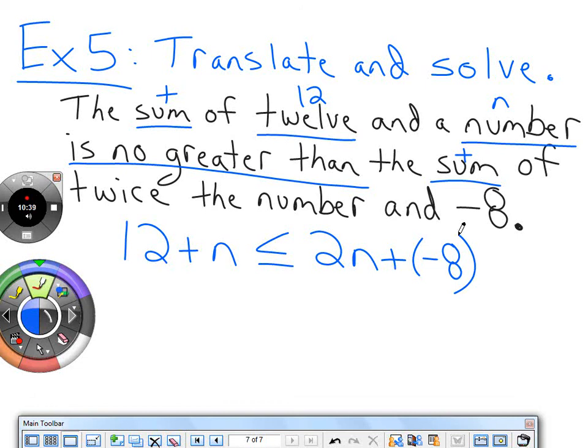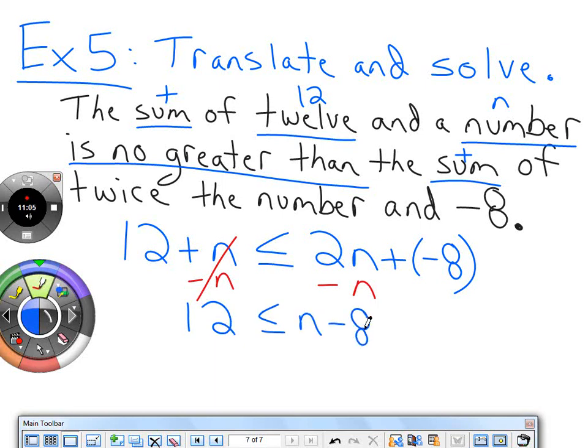So we are ready to get some stuff together here. So we got variables on both sides. So let's try to get the n's together. We can either subtract n, or we could subtract 2n. I'm going to go ahead and just subtract n, just to try to keep my variables positive. So that'll cancel out, and this will be 12 on the left-hand side is less than or equal to n minus 8.